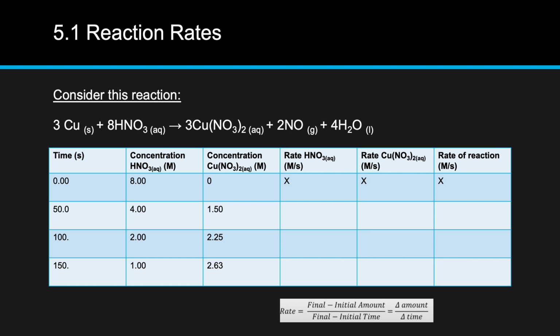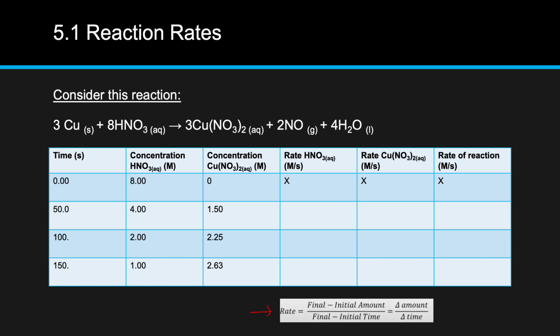So when we are determining the rate, we're going to take the final concentration and subtract the initial concentration. That will give us the change in concentration or amount. And we're going to divide it by the final time minus the initial time, or the change in time, and that will give us the rate of that specific reagent.